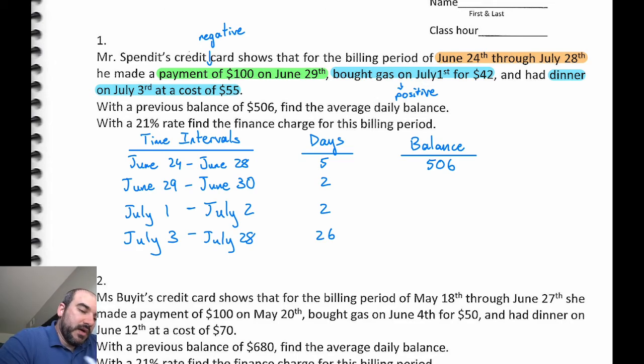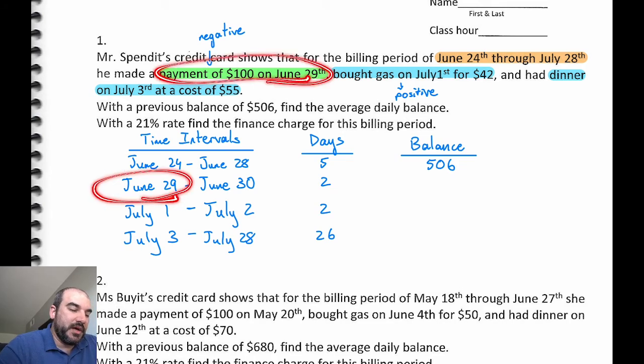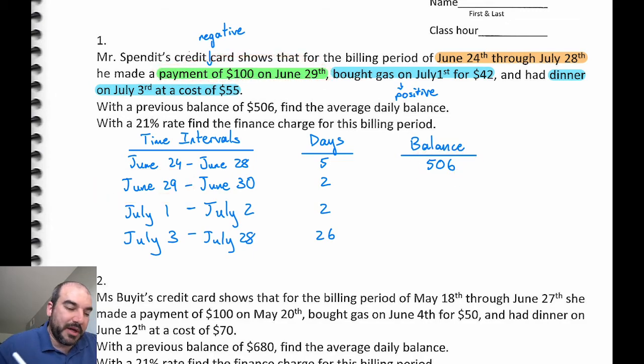And then on June 29th, he makes a payment of $100. Is the payment going to increase or decrease this balance? Decrease it. Perfect. Because when you make a payment, you're reducing your balance. You're reducing the amount you owe, right?